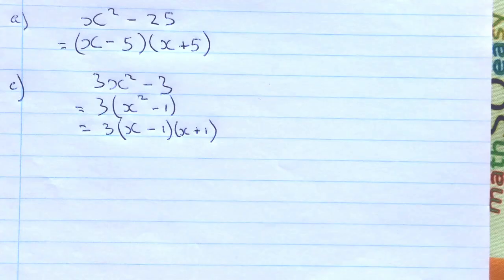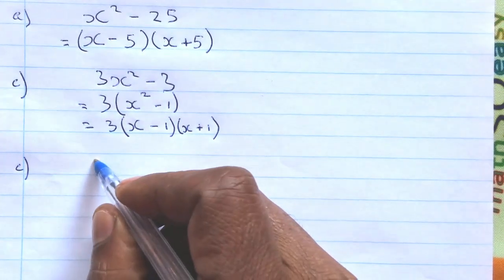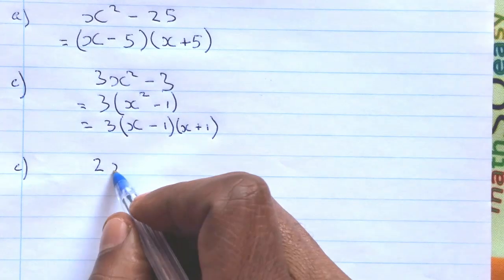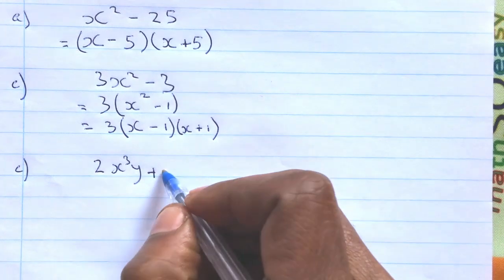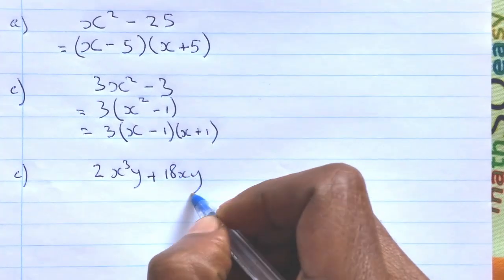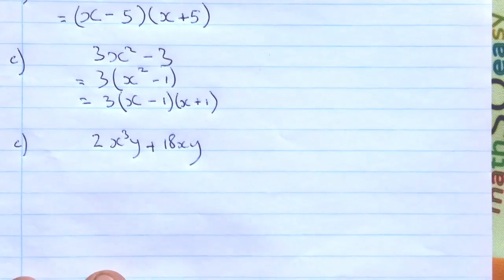Okay. Then we have what in the next one? We have 2x cubed y, then we have 18xy. So what's the first thing? Okay. Right, remember, I want to share something with you.